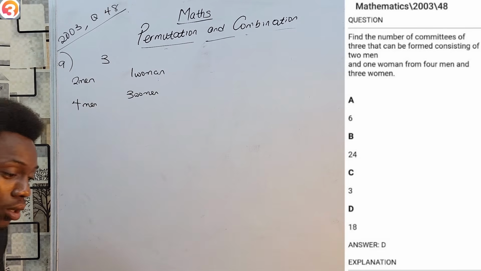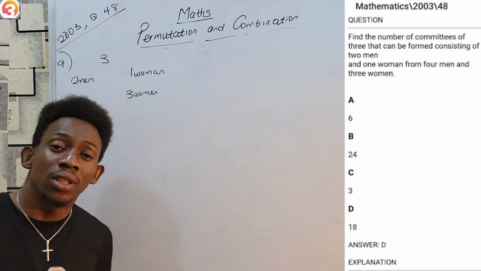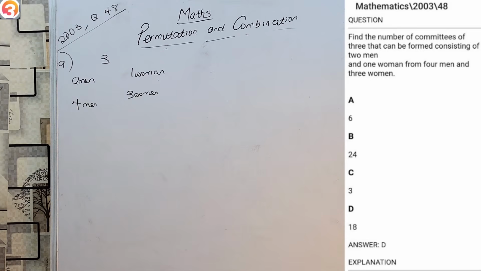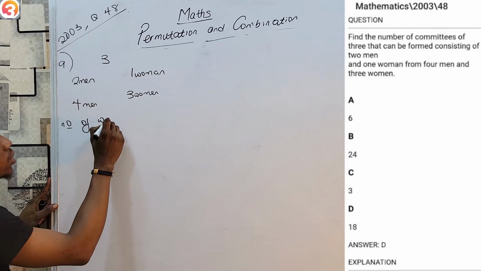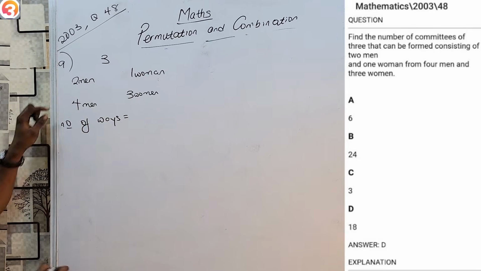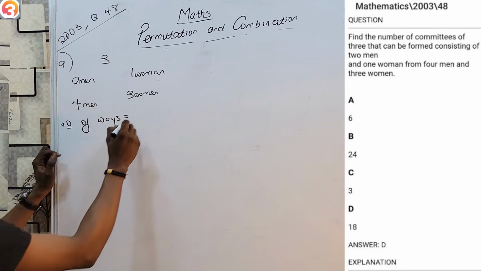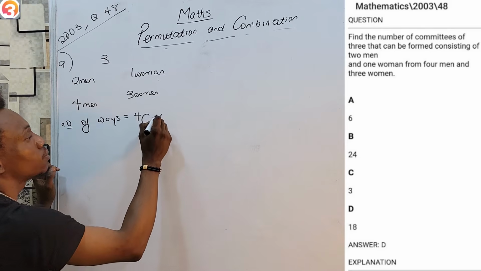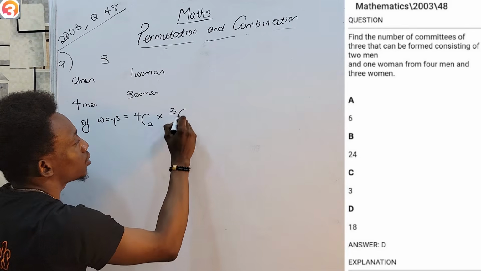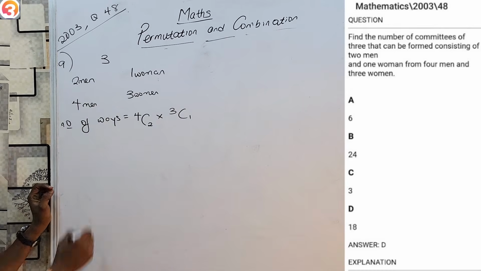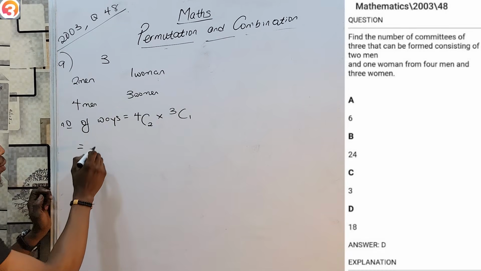And if you remember, in a committee, it's usually combination because it doesn't matter who I choose first into the committee. Therefore, the number of ways becomes, out of 4 men, I'm to choose 2, that is 4 combination 2, and out of 3 women, I'm to choose 1 woman, that's 3 combination 1. Apply the combination formula.